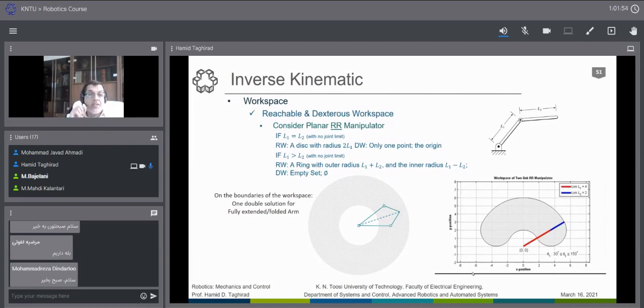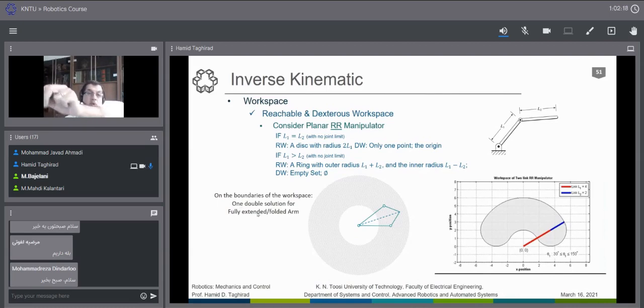Only one point is very critical and singular. Which point is singular? When these 2 solutions become one double solution. Look at this one double solution. Suppose that we go to the end of our workspace.